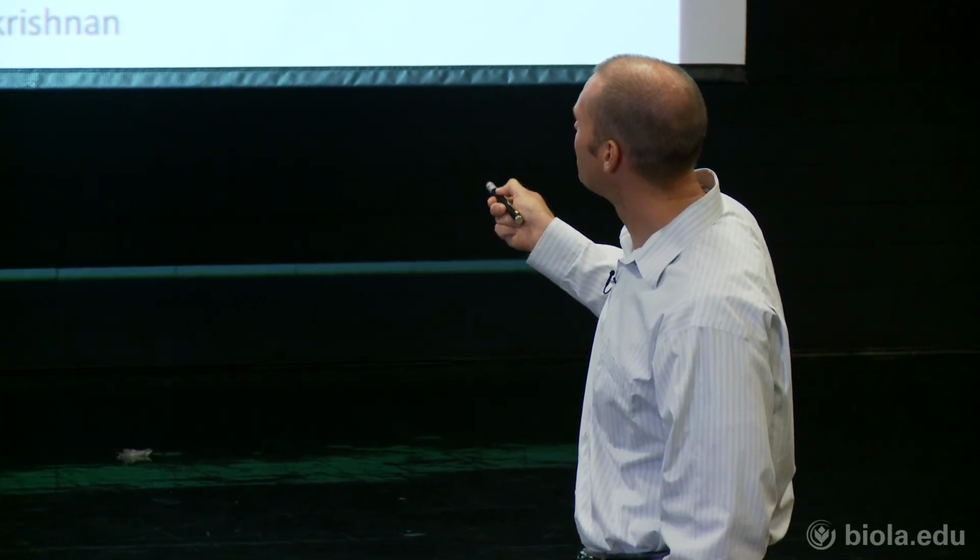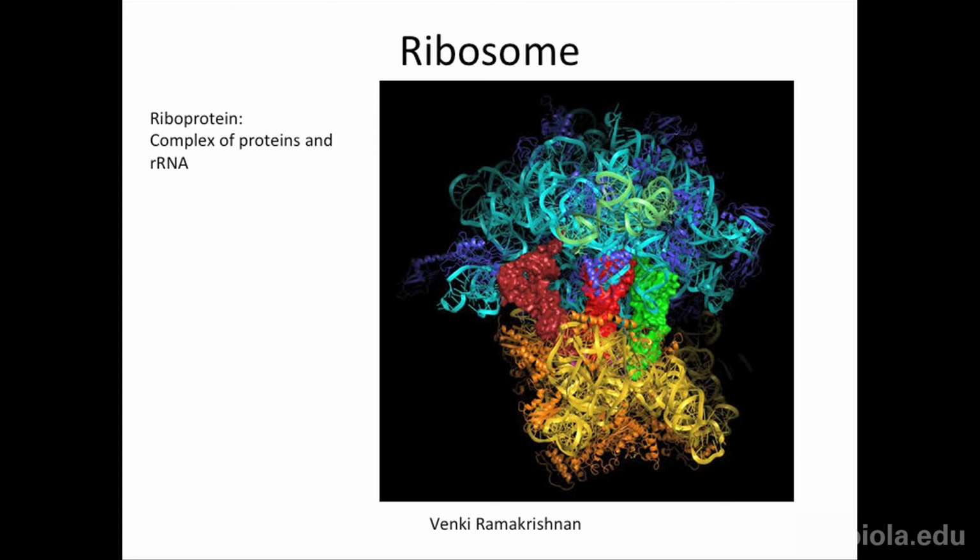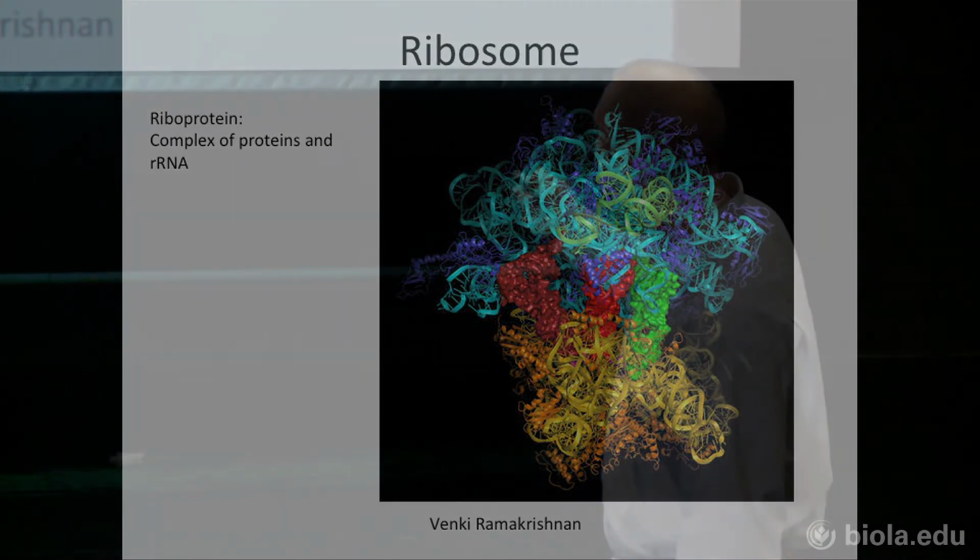So if you think about this picture, that's actually what the data is: the atoms in the nucleotides of the RNA bonding together, and the atoms in the amino acids forming these looping structures. So this is a cartoon of an atomic level knowledge of where all the atoms in this whole complex are. Probably needless to say, he and his group won the Nobel Prize for crystallizing and determining the structure of a ribosome in action. I think it was awarded in 2009.